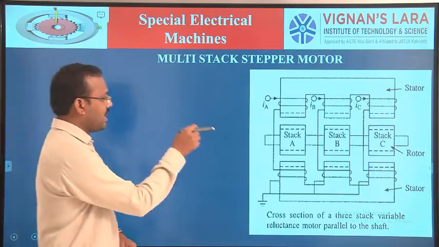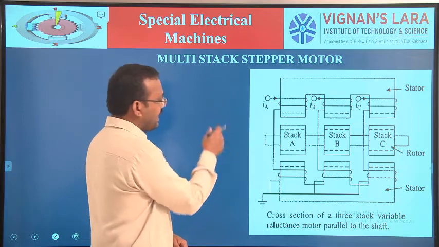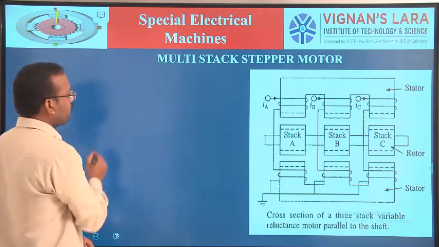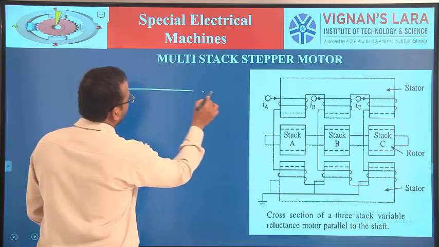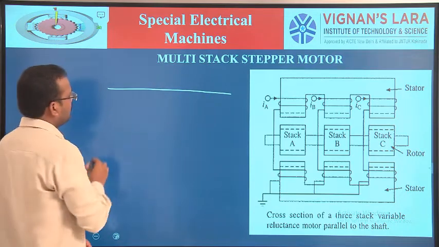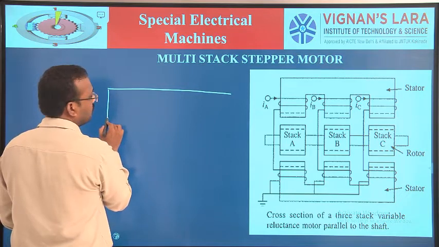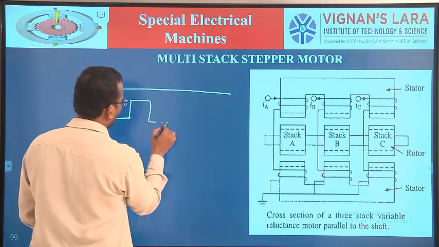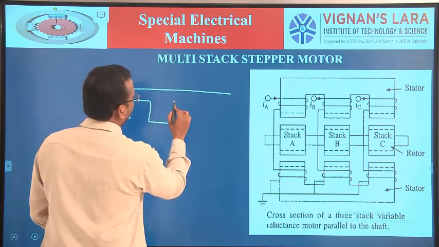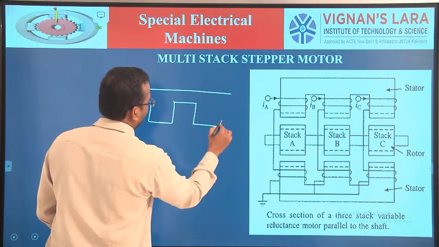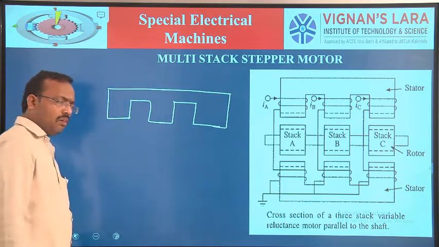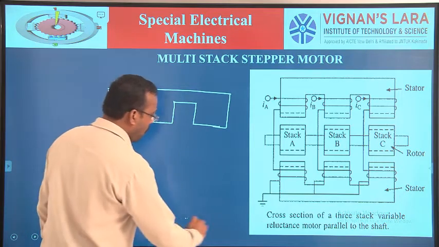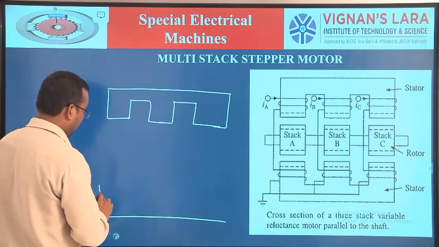This is the construction of the multi-stack stepper motor. First we draw the stator. This is one phase of the stator stack. We draw a similar diagram here also. Similarly, you can draw the other phases of the stator stack.